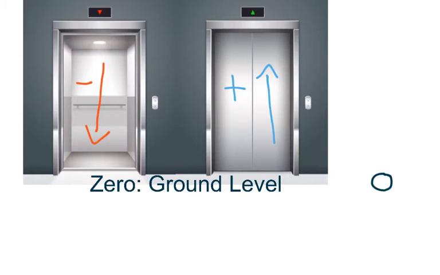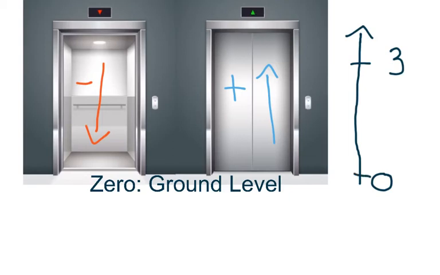So let's say that our family is staying at a hotel. We get on the elevator at ground level and our room is on the 3rd floor. So we're going to go up above ground level to the 3rd floor. That is going to be a positive 3.